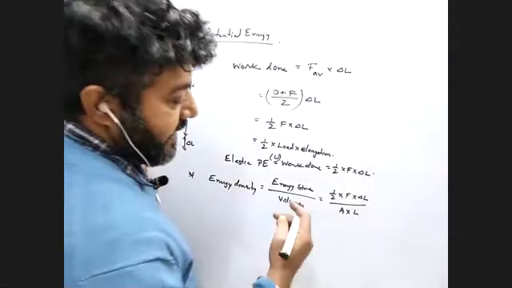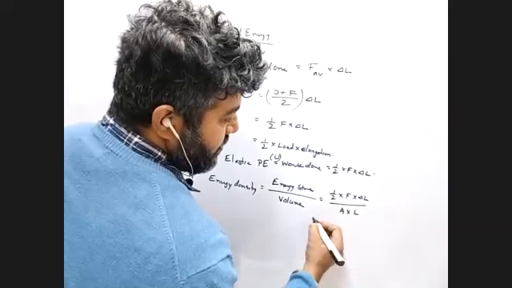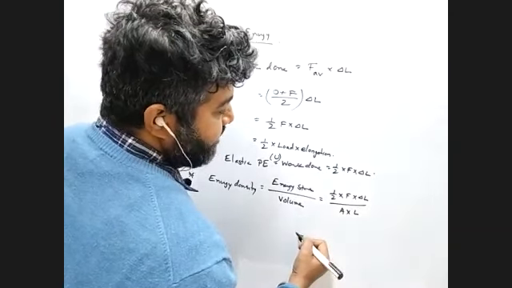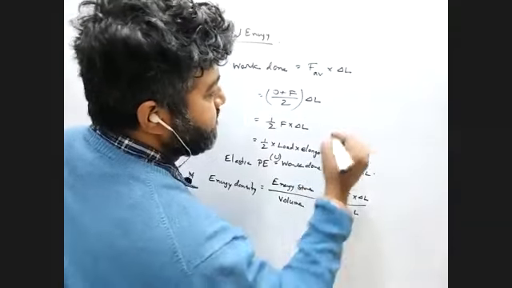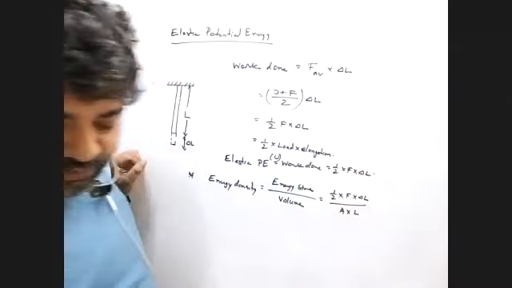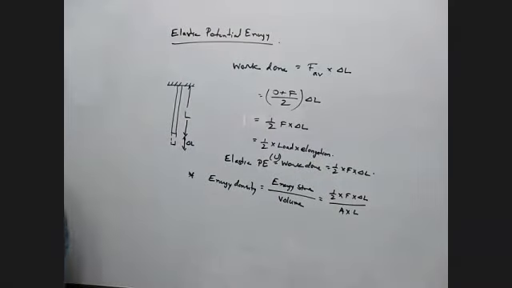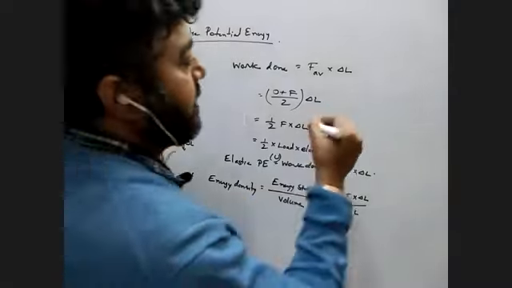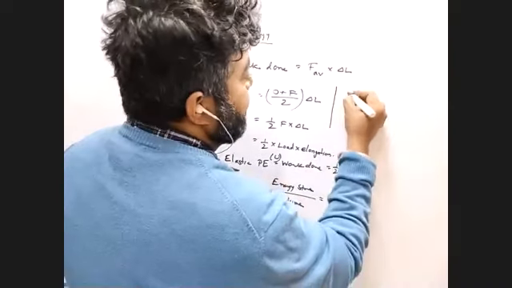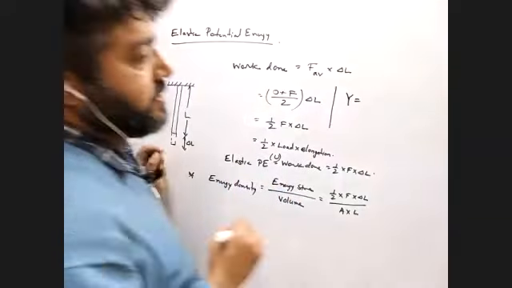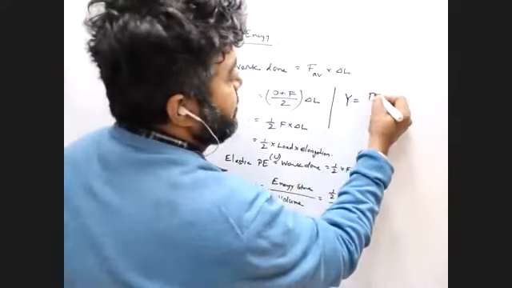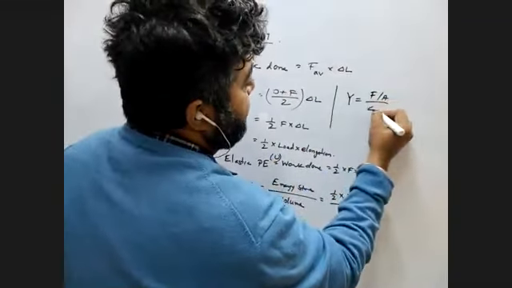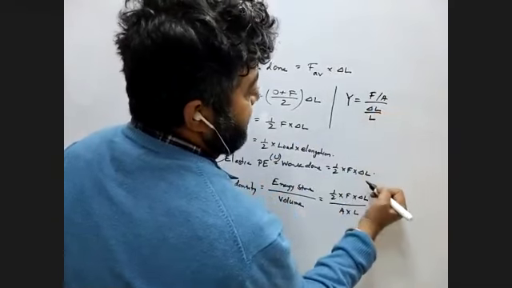So from that, what can we say? Up to this, is it okay, everyone? Okay, now see, what do you mean by Young's modulus? Young's modulus means force per unit area over change in length by original length.